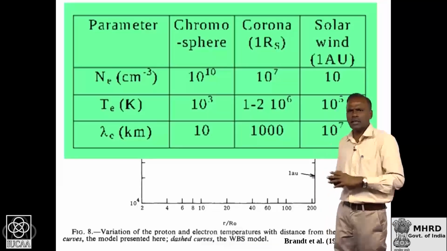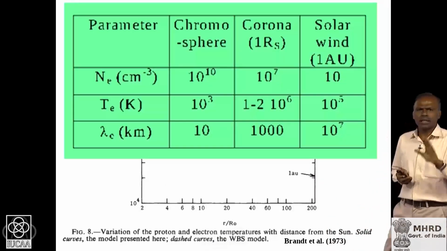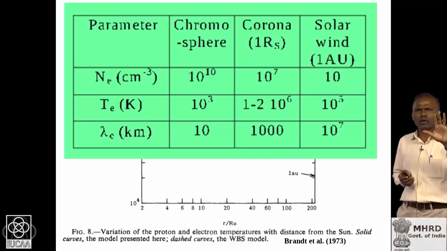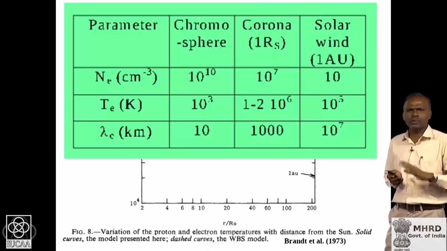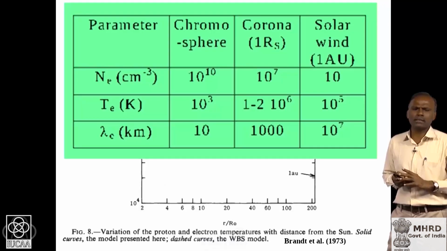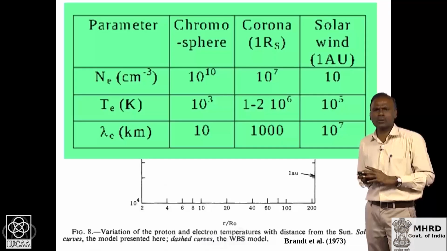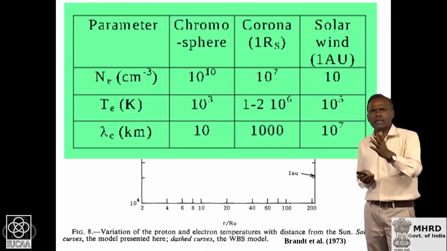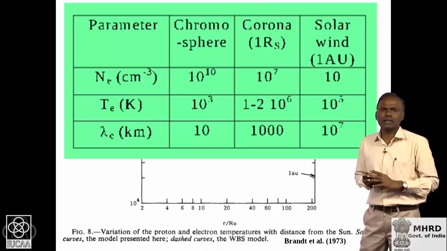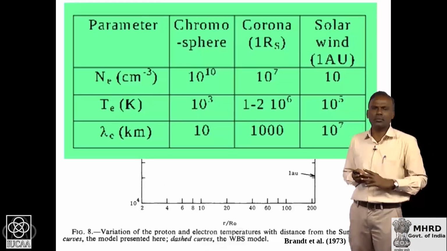This graph also shows density, electron temperature, and mean free path as we go away from the sun. Near the chromosphere, the density is something like 10 to the power of 10 per cc, and at about 1 solar radius, the density is about 1000 times lower than the chromospheric value. At about 1 AU, the density falls off by a million times.